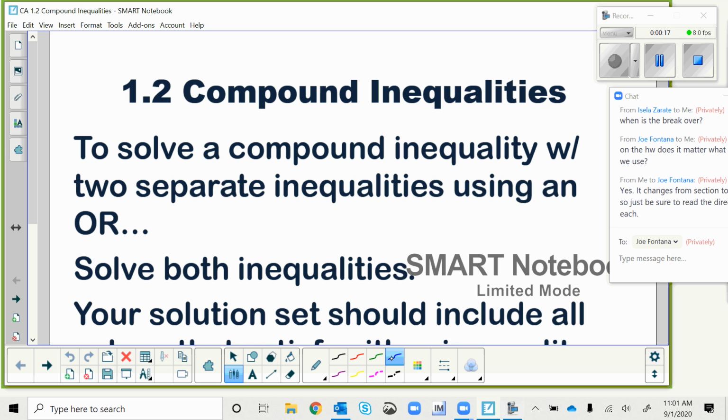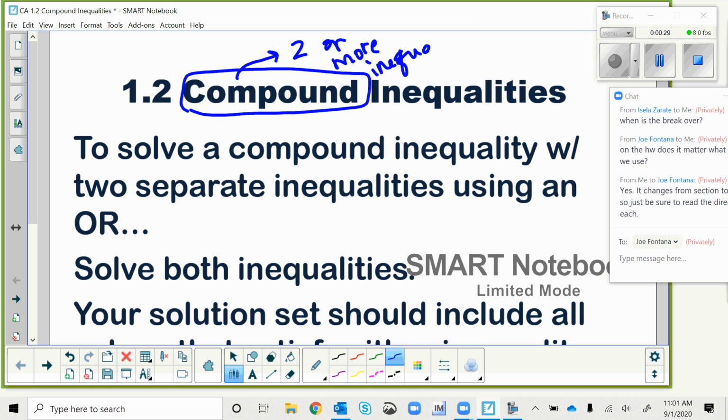What is the correct grammar? Compound inequality means two or more inequalities at the same time, and they will be joined, or separated, by an "and" or an "or."